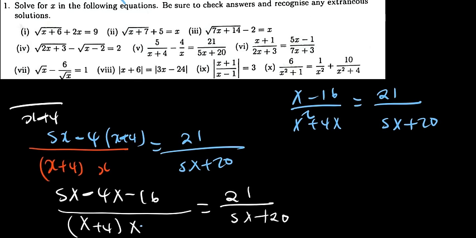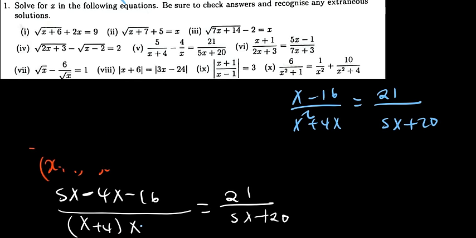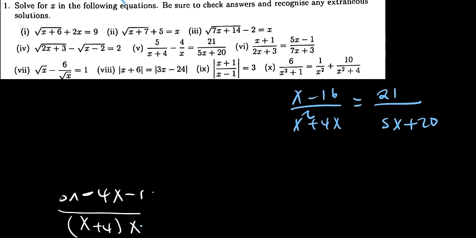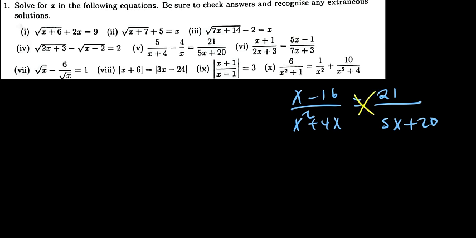So I can get rid of this. At this point now, I can clearly see that I can cross multiply. So if I cross multiply here, I'm going to say 21 times x squared is going to be 21x squared plus 21 times 4x.